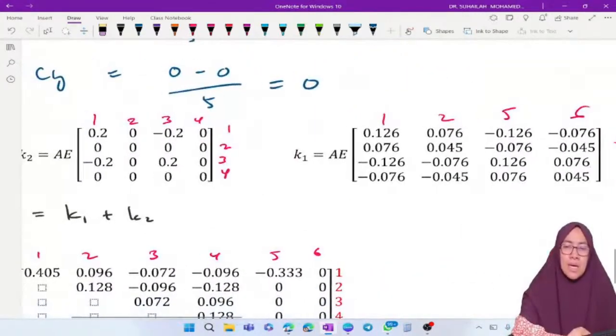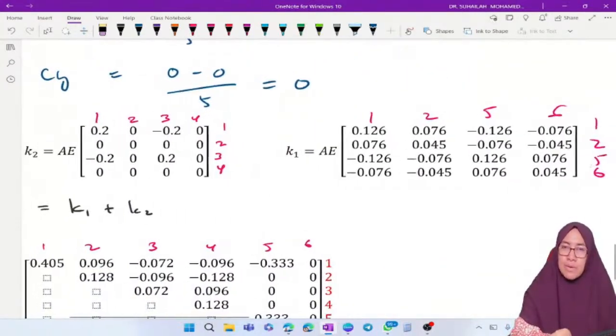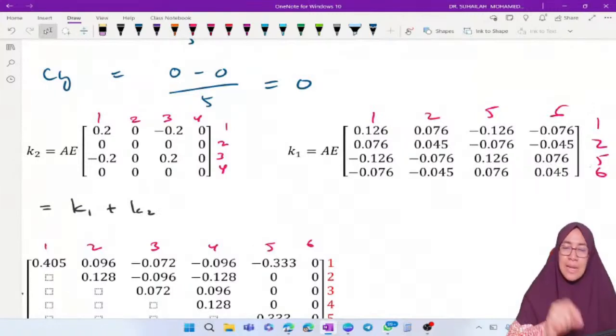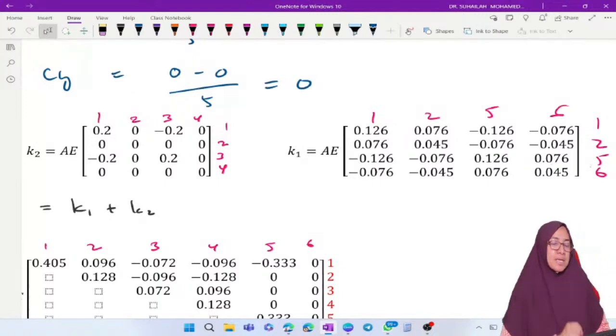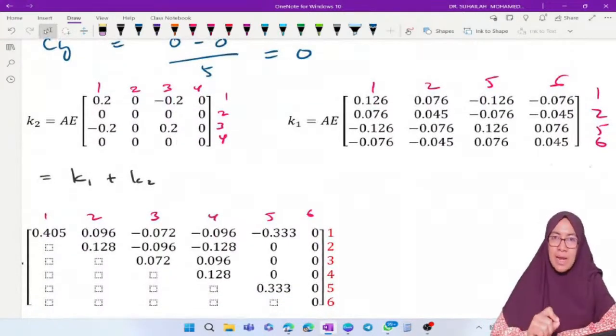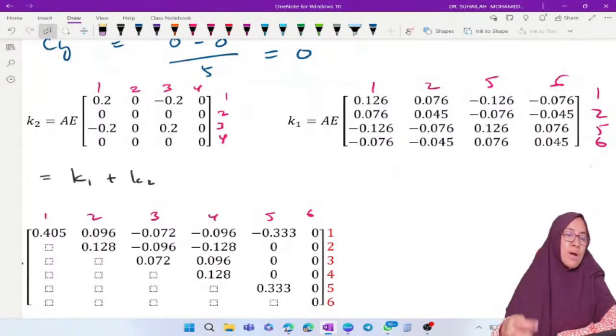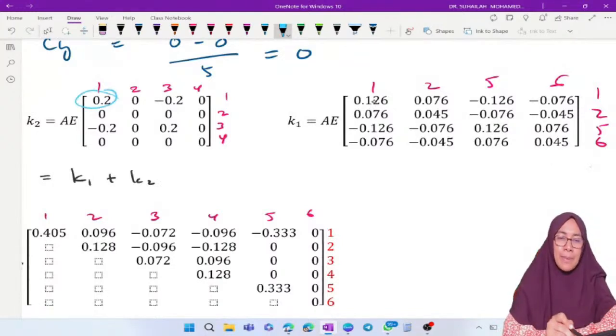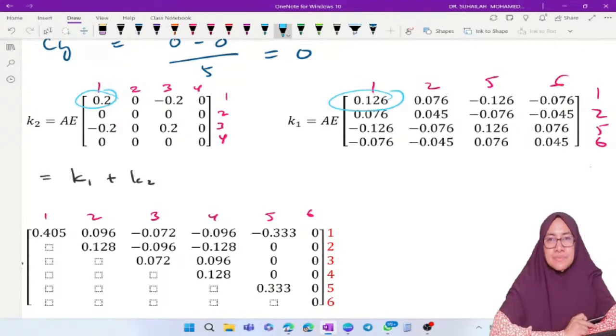So we have to replace all of this with the values we get from K1 and K2. Remember, the degrees of freedom that we label in the element stiffness matrices is actually the position in the structure stiffness matrix. Okay, so now we want to find the value at position 1, 1. 1, 1 means this 1, 1 plus this 1, 1.